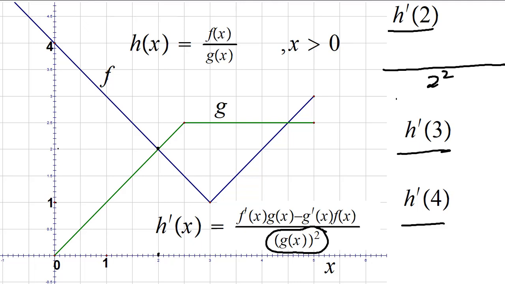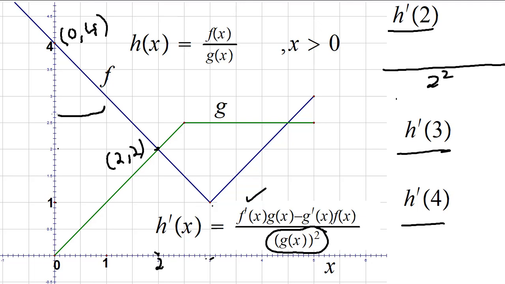Now we have to look for the derivative of f at 2. The derivative of f from the right of -1 up to 2 is the same because it's defined by a straight line. The slope of the line, which is the derivative, is the line that connects (0, 4) with (2, 2).